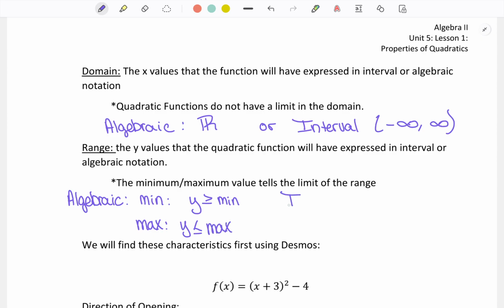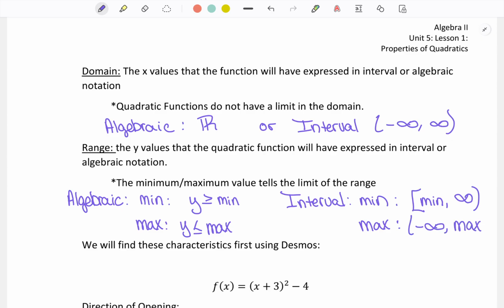And then as an interval, if you have a minimum, then your interval is going to be that minimum value and then infinity. Or if you have a maximum, so you open downward, then you are going to have negative infinity to that maximum value, because it is as high as you can go.